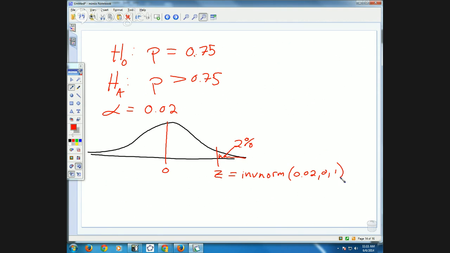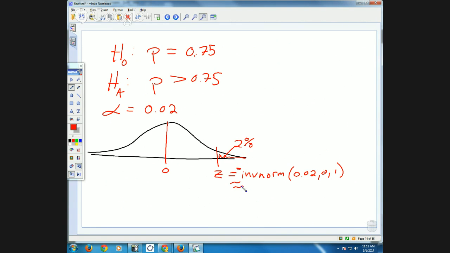And that spits out -2. That's on the wrong side. We need to call it 2. Yeah, if we wanted the exact right number, we would have done 1 minus 2%, 98%. Inverse norm only does left tails, right? So if you do this, you can have the wrong sign. So I'm just going to put a little negative in front of it.